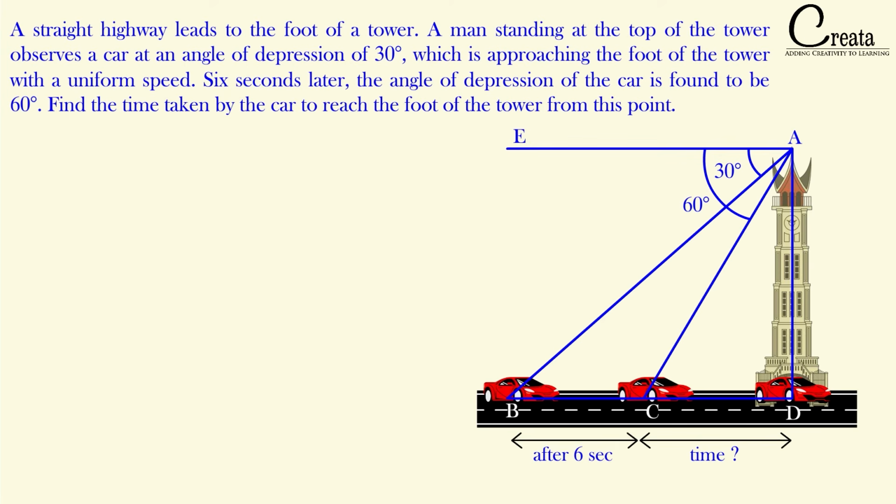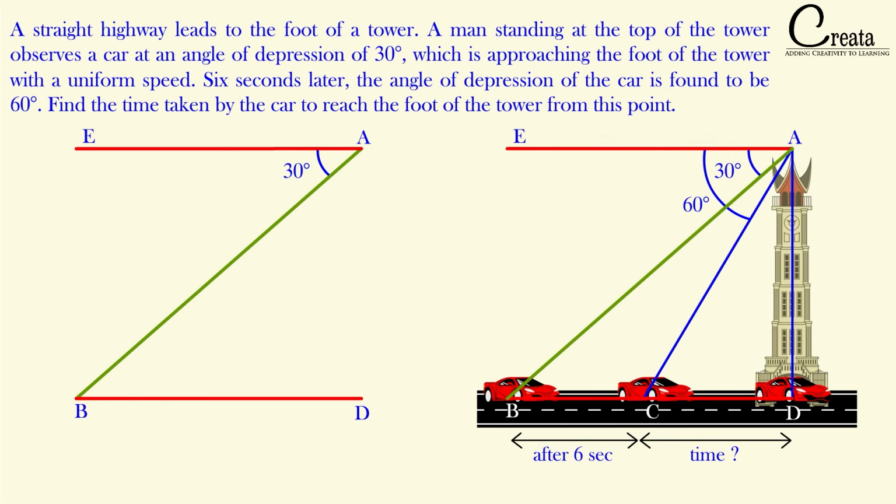How will we do that? We will use the same fundamental that we have used for the previous questions related to the angle of depression. We will use the transversals and the parallel line concept. Here AE and BD are the two horizontal lines, so these two lines will be parallel to each other. If we take AB as a transversal, can we say these two angles are equal to each other?